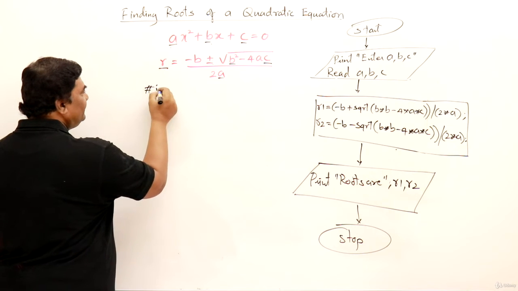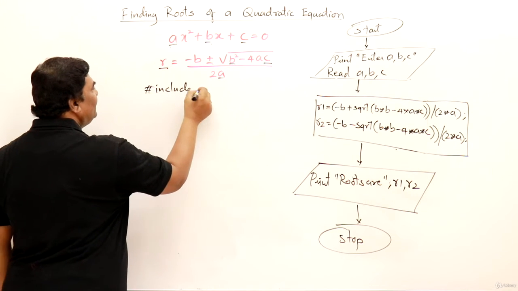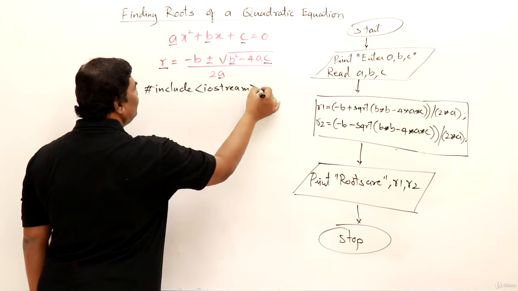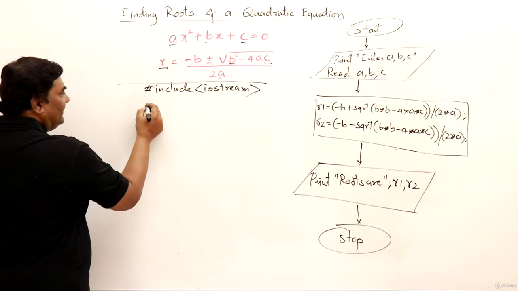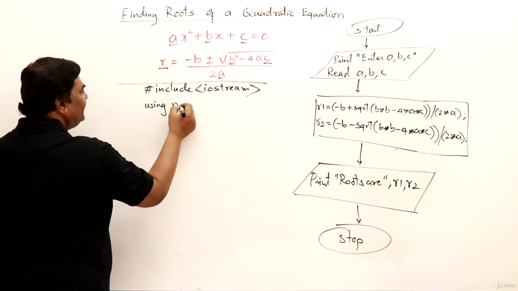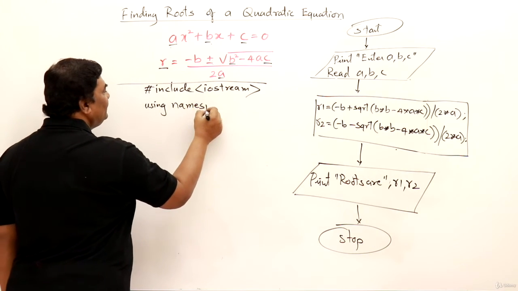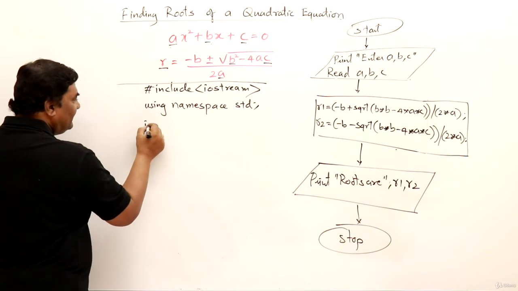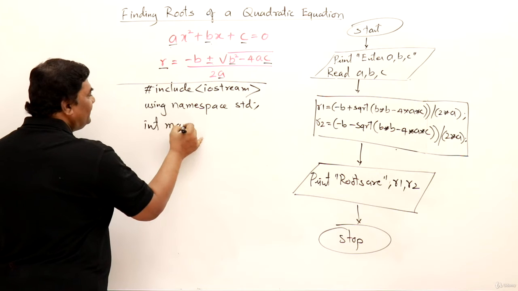The very first thing you know well, that is hash include iostream, right? Then we have to say using namespace std. Then the main function, this is the entry point of a program.